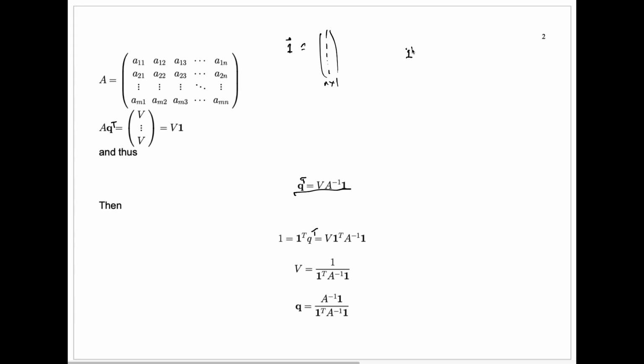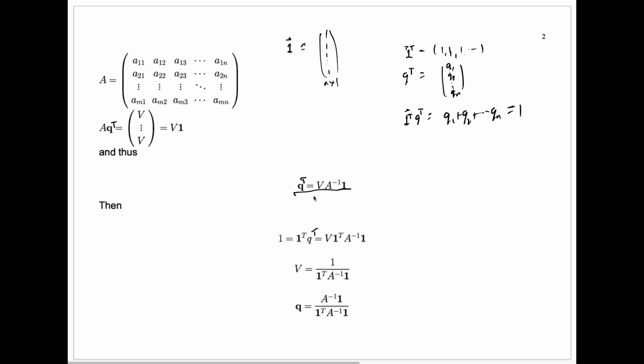1 transpose is this vector 1, 1, 1, etc. Q transpose is this vector Q1, Q2, up to Qn. So this product, 1 transpose times Q transpose, is just the dot product of these two vectors, which is Q1 plus Q2 up to Qn, which is just the number 1 because this vector Q is a probability vector and the sum of the entries has to be 1.